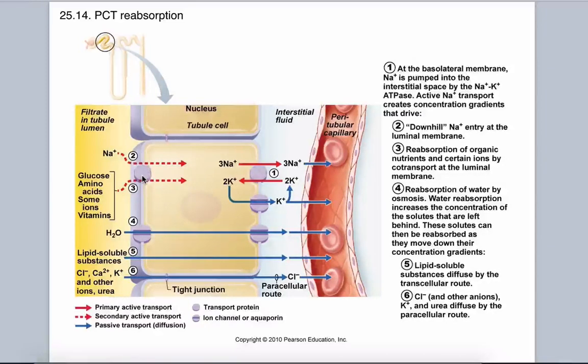But lastly, every substance, no matter what it is, has a transport maximum, past which point, once you've got a lot of it in the filtrate, there comes a point where you just can't reabsorb it all. This process happens in different places in the tubule. I'm not going to get into a lot of detail here in this video about exactly where it happens, but this is like the big picture of how these substances get moved.